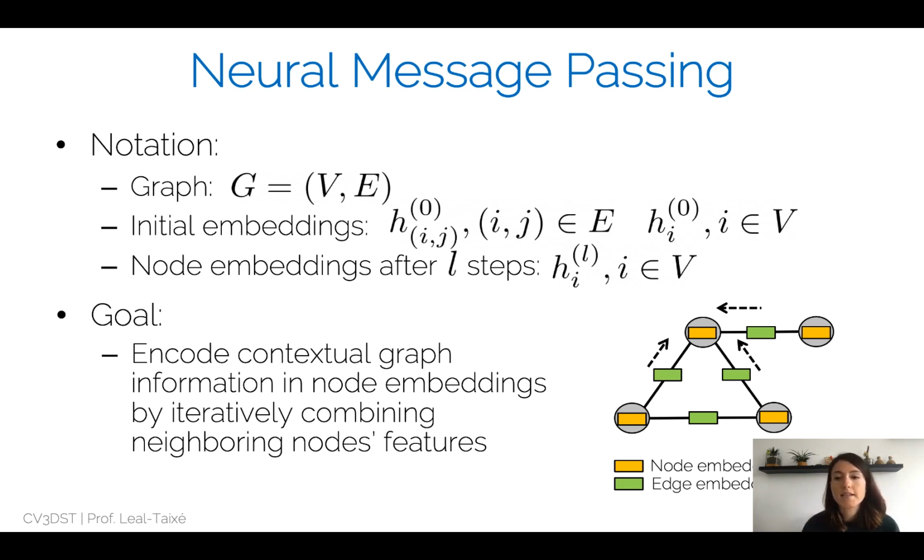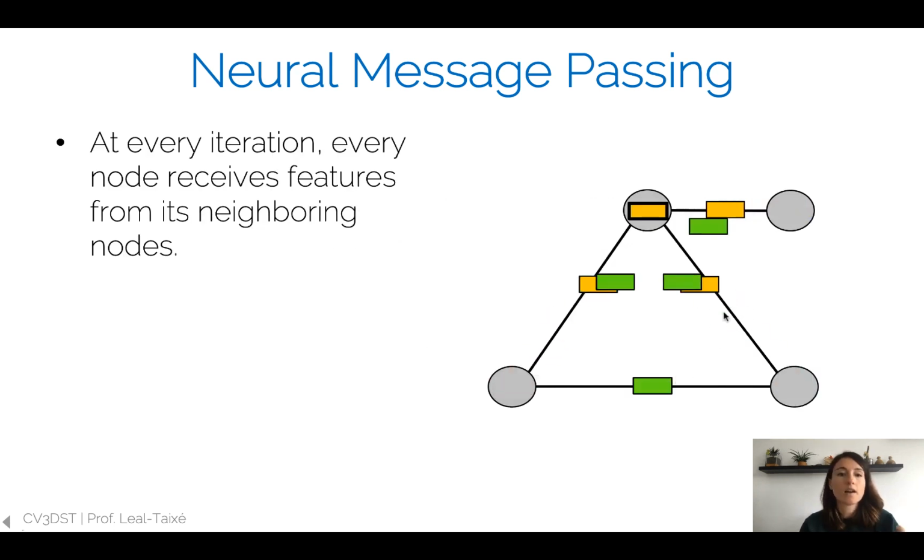And again, the idea is that we're going to iterate through a series of information passing or neural message passing steps. So essentially what's going to happen is that my nodes are going to connect to my edges in one step, and in the second step, the edges are going to connect to the nodes.